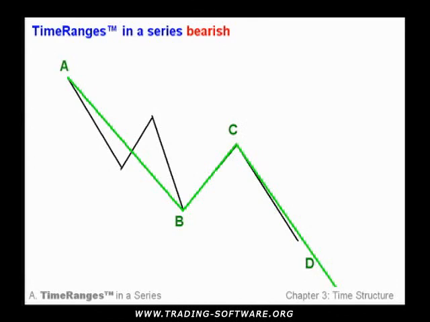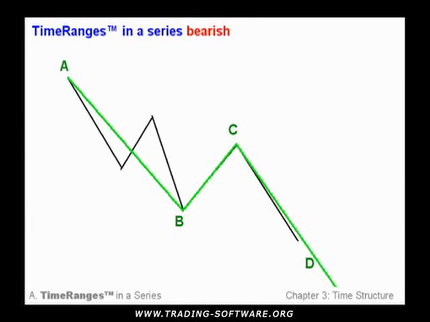So as time ranges get wider and wider, the trend is expected to continue based on the theory behind the measured move. Again, time ranges are derived from the measured move theory directly.